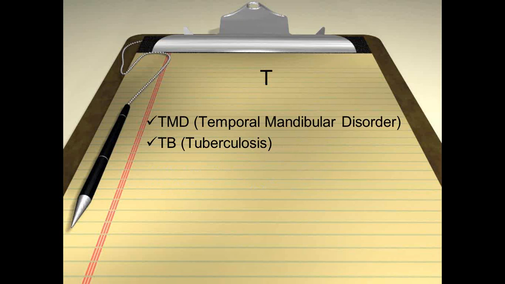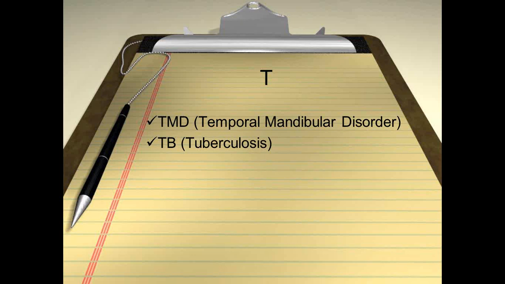Temporomandibular disorder used to be called TMJ, or temporomandibular joint disorder. It's been changed to TMD because it doesn't necessarily always have to do with the joint, so they changed it to be more accurate.